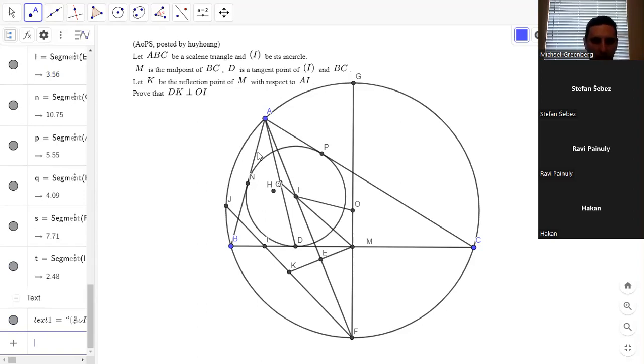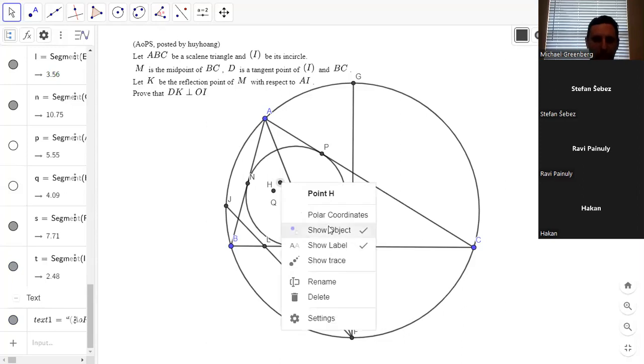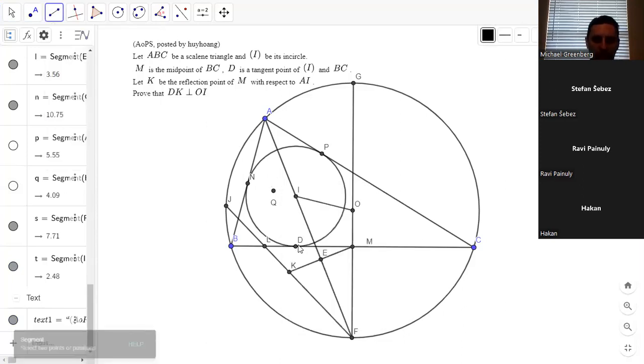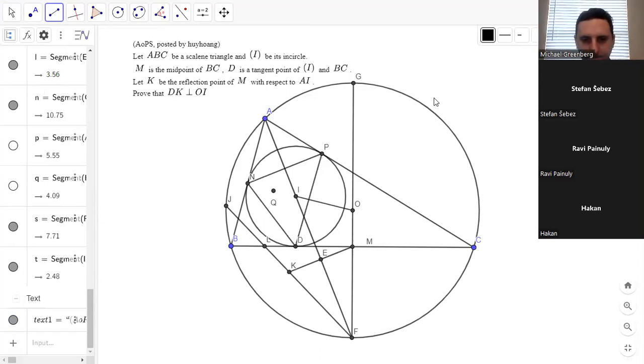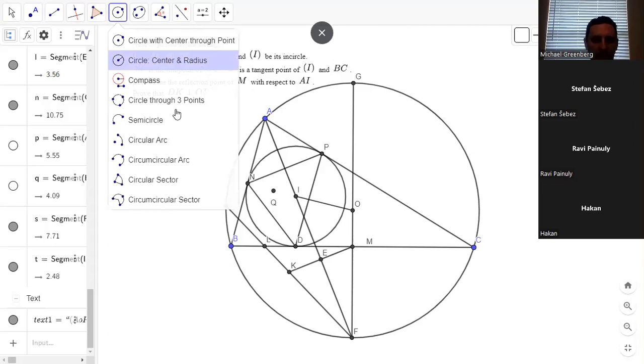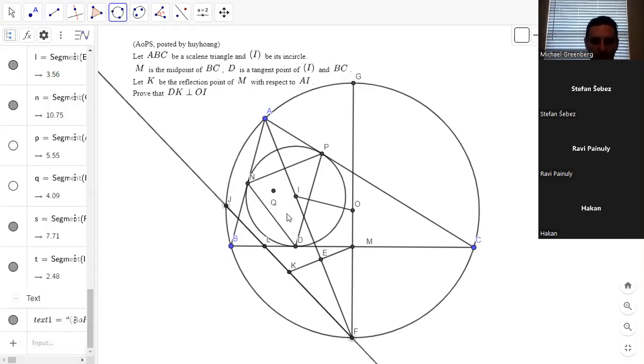Okay, so we'll call that Q. Let me delete this. And then Q is the orthocenter of the contact triangle. Is there any circle through F and J that's significant?